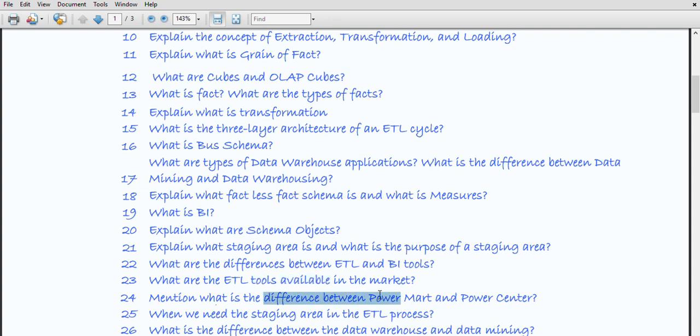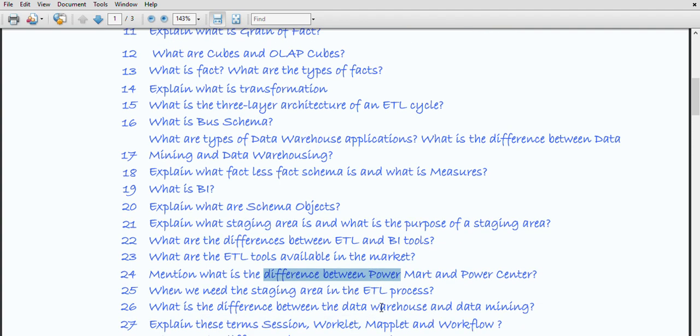Then what is the difference between Power Mart and Power Center? Basically, Power Center is supposed to process a huge volume of data, and Power Mart is supposed to process a low volume of data. That is the main difference.